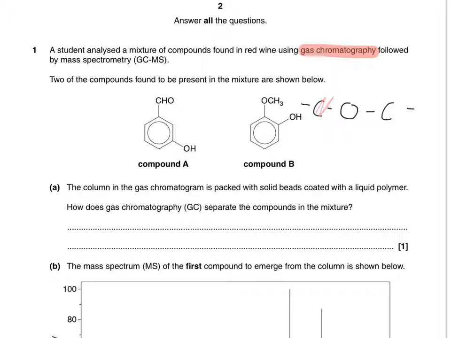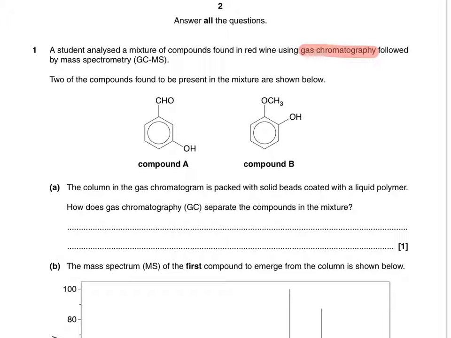This bit here is the ether linkage. But like I've just said, you don't actually have to know what an ether is or any of its chemistry to be able to do this question. It's just giving you a structure and asking you to think about gas chromatography.